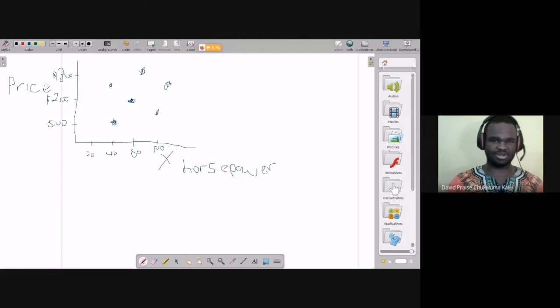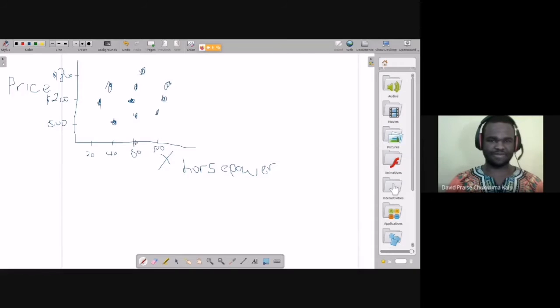Let's say we just plot it on the graph. So basically we give this to our model. Once our model learns from the data set that we give it, for this car with 40 horsepower, the price is roughly around $100.